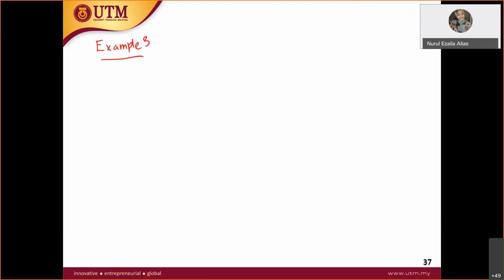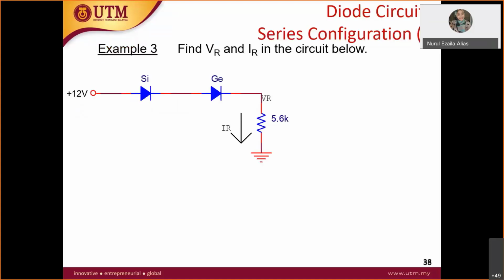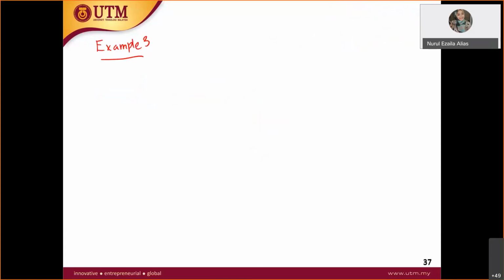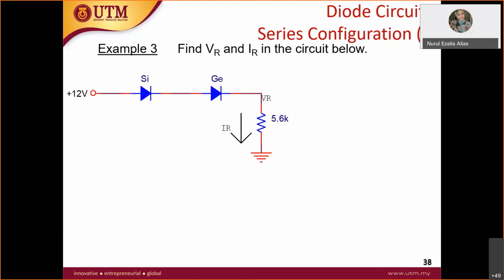Given that it has a 12 volt power supply, then a silicon diode, then a germanium diode, and then a 5.6k ohm resistor, and you have ground. Let's draw again. The plus of the voltage supply is connected to the plus of the silicon diode.